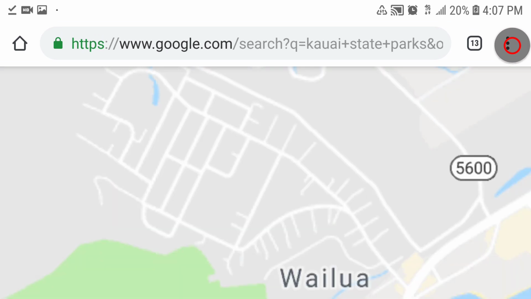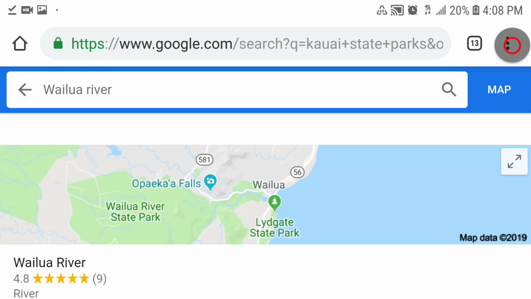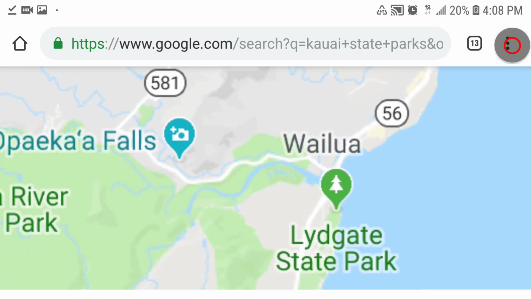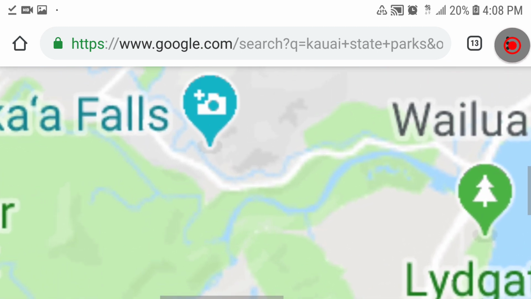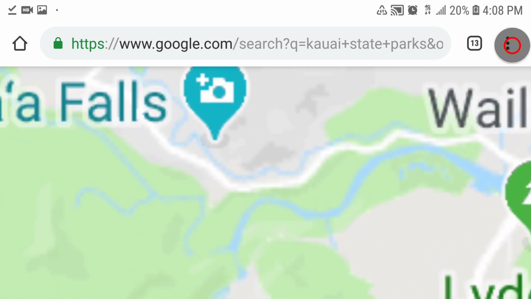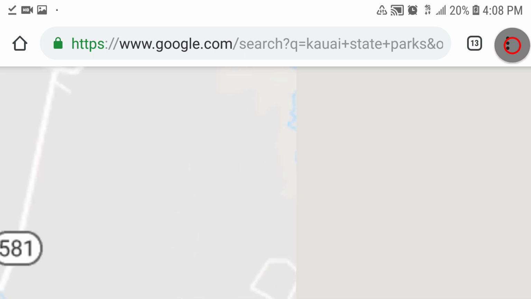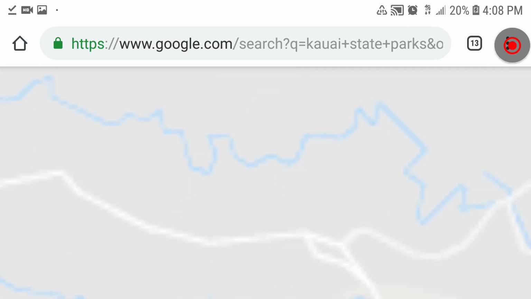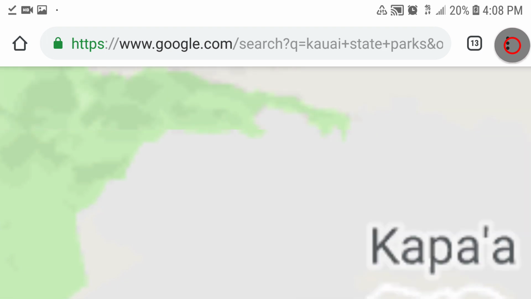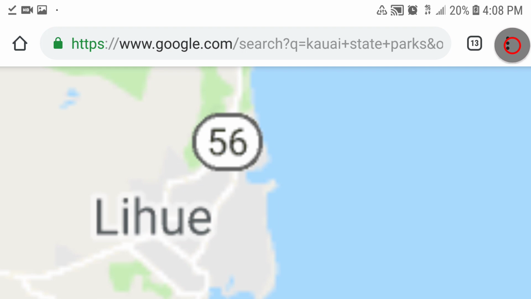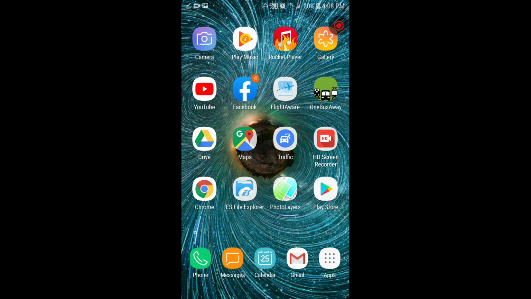What did I just do? Pecos Falls, Wailua. Well, we'll get to this. Ooh, there's a picture thingy there. What's that mean? You know, I'm getting tired of this maps, dude. Okay, we're gonna go to Google Earth.